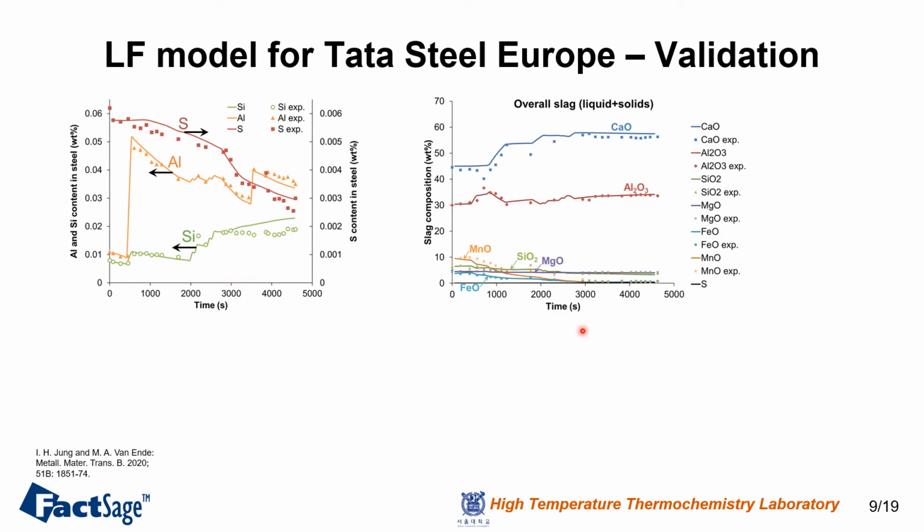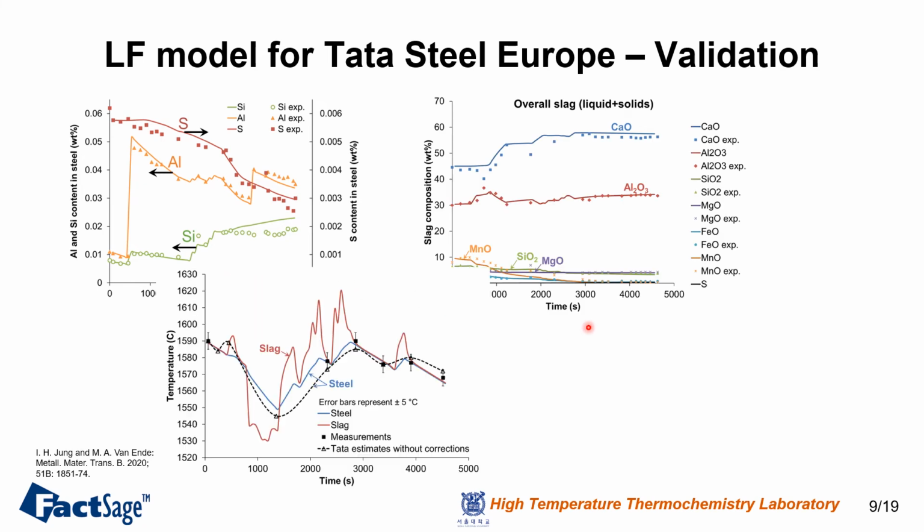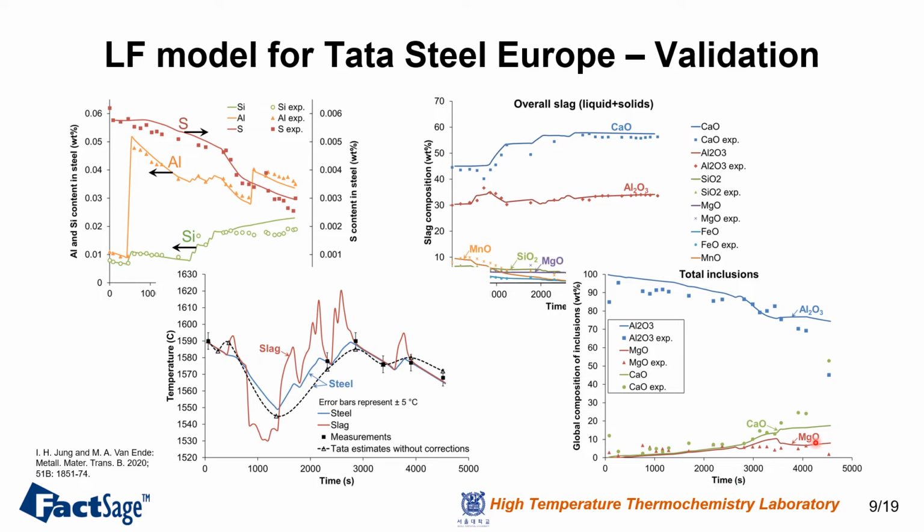You can see slag chemistry change with time, and you can see temperature profile change with time, and even inclusion composition change with time. As you can see, all these very sensitive data can be well predicted by the present simulation model.